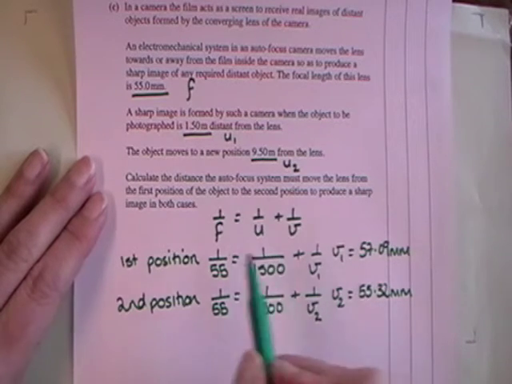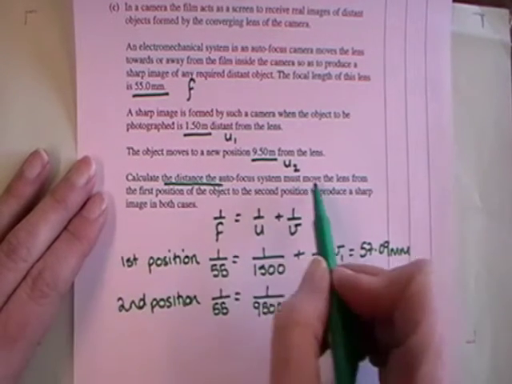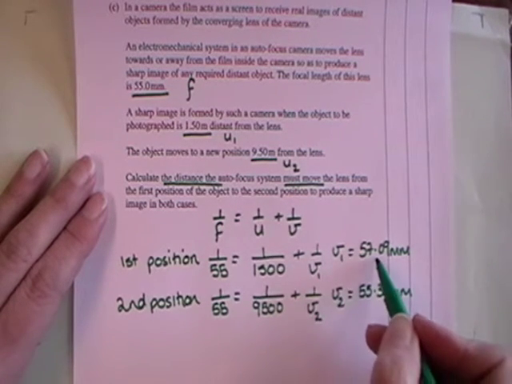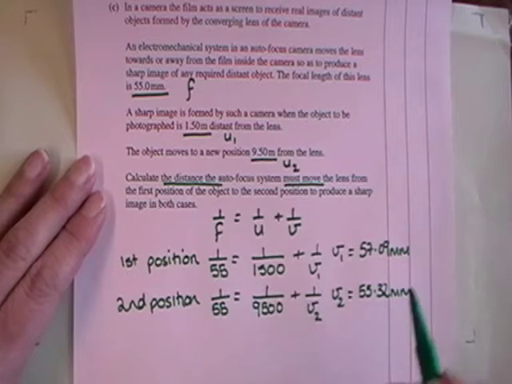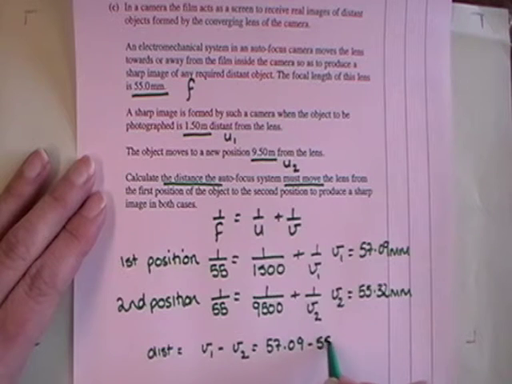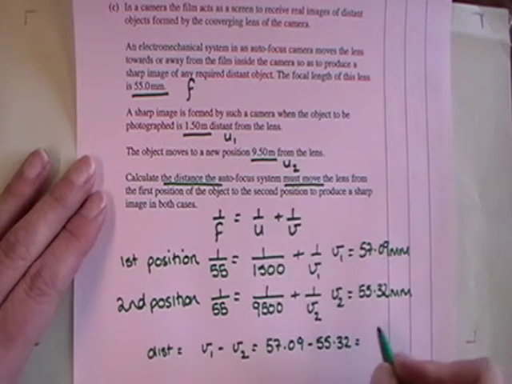Now the question asks you to calculate the distance it must move. So we're looking for the difference between the original position and the second position. So the distance is equal to V1 minus V2, which is 57.09 minus 55.32, which gives you 1.77 millimetres.